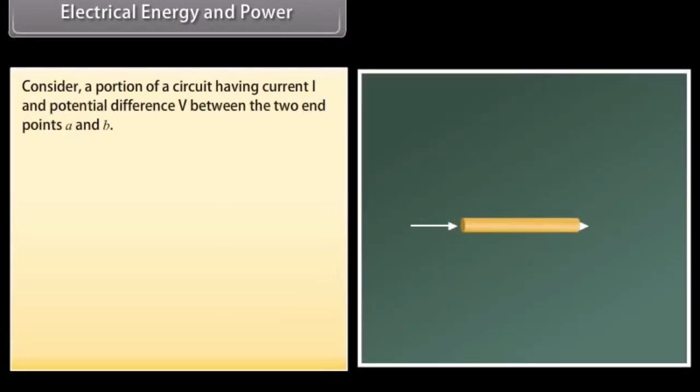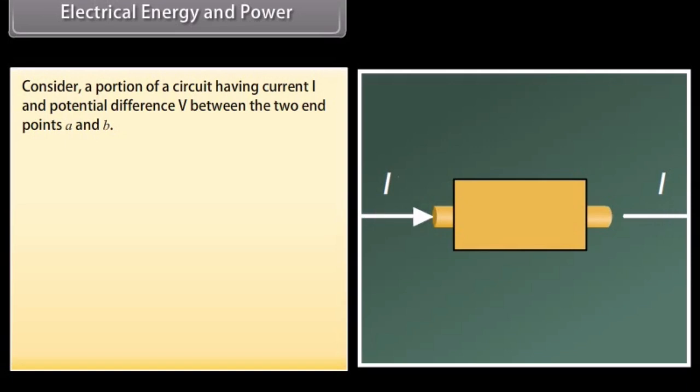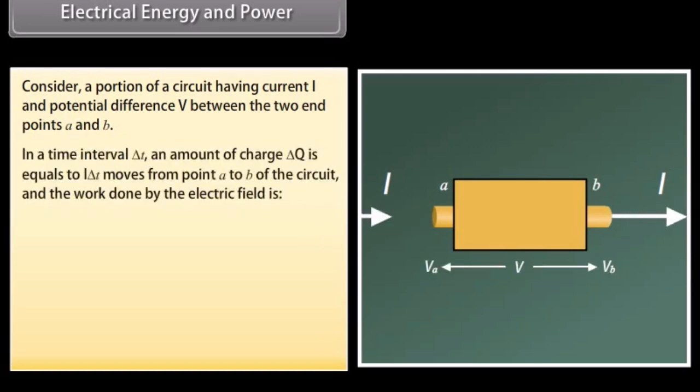Electrical energy and power. Consider a portion of a circuit having current I and potential difference V between the two endpoints A and B. In a time interval Δt, an amount of charge Δq = IΔt moves from point A to B of the circuit, and the work done by the electric field is equal to the product of V and Δq, which is equal to V I Δt.